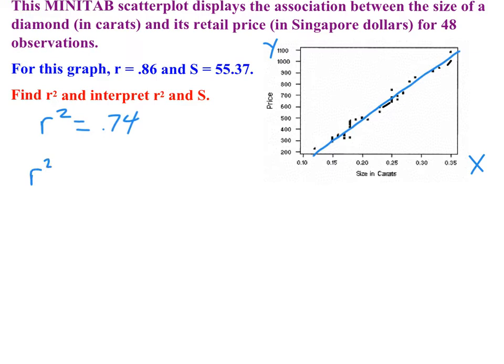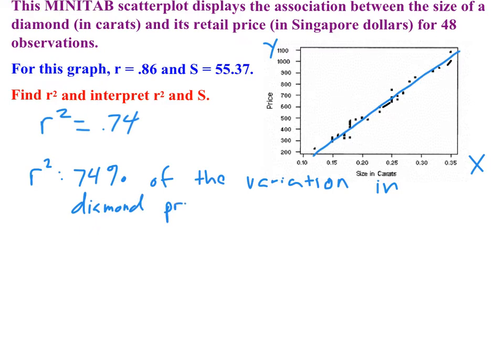If you were asked to interpret R squared in context, I would say 74% of the variation in diamond price is accounted for by our regression line.